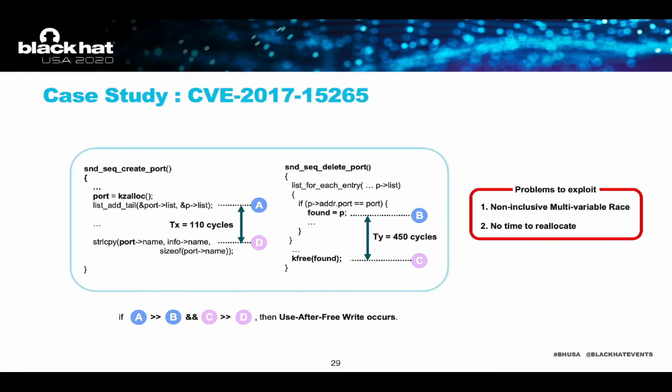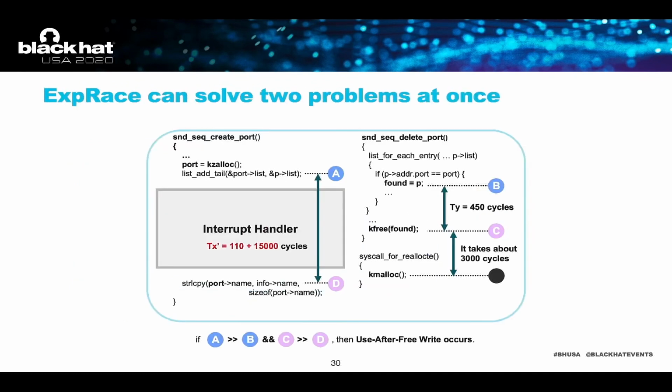To exploit a use-after-free vulnerability, a reallocate step is required. However, this vulnerability cannot be reallocated because the allocation step, free step, and use step must be done almost simultaneously.